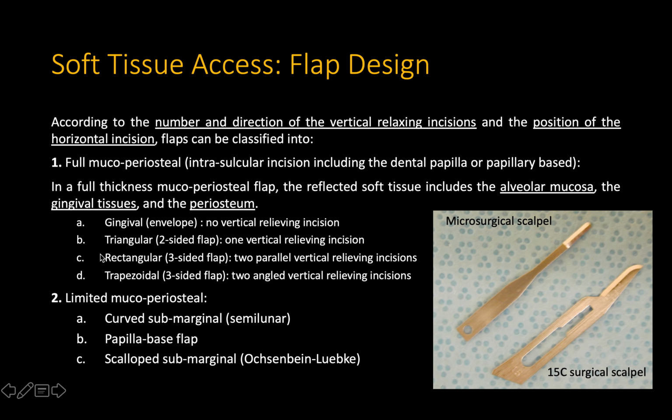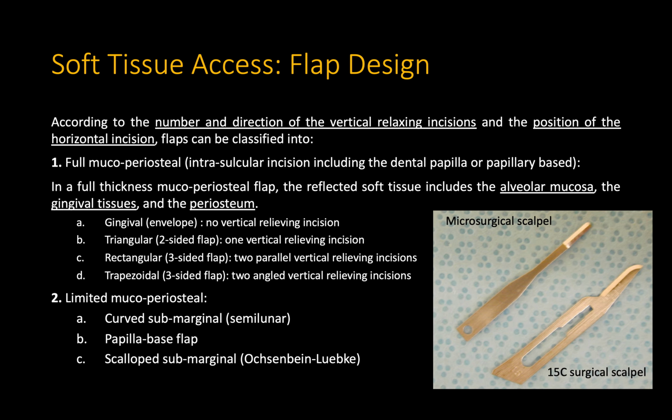Or we can have a sulcular incision with two parallel vertical relieving incisions on both sides of the flap, and this will produce a rectangular flap. Or we can have an intrasulcular incision with two angled vertical relieving incisions, and this will produce a trapezoidal flap.